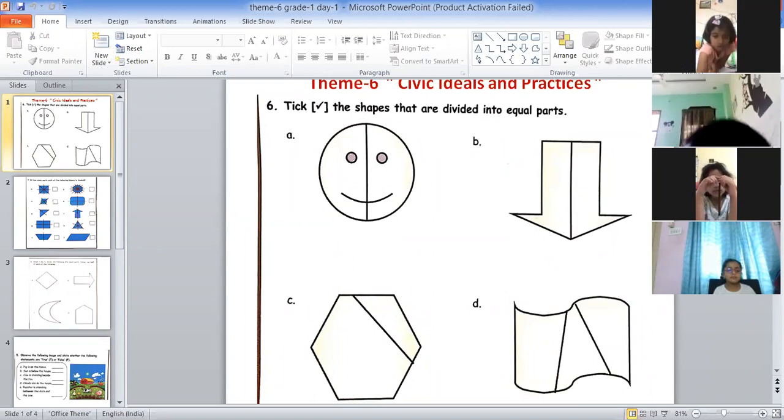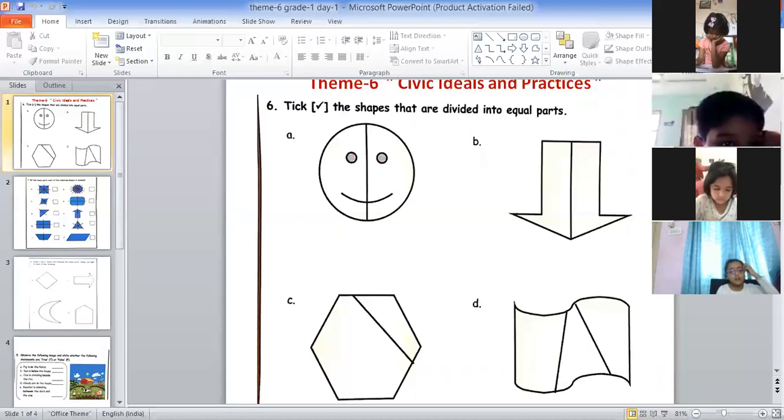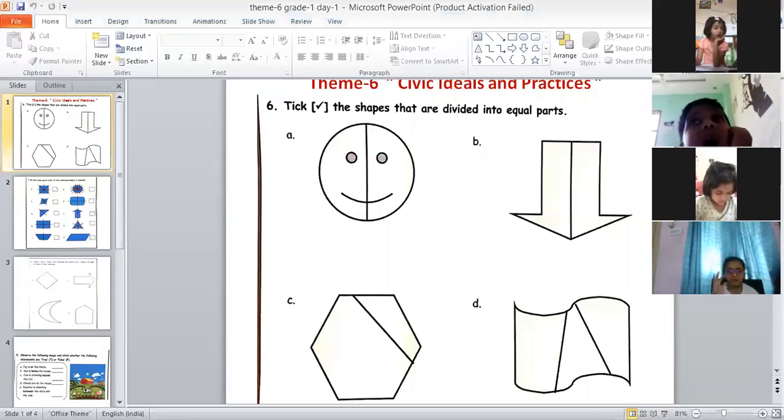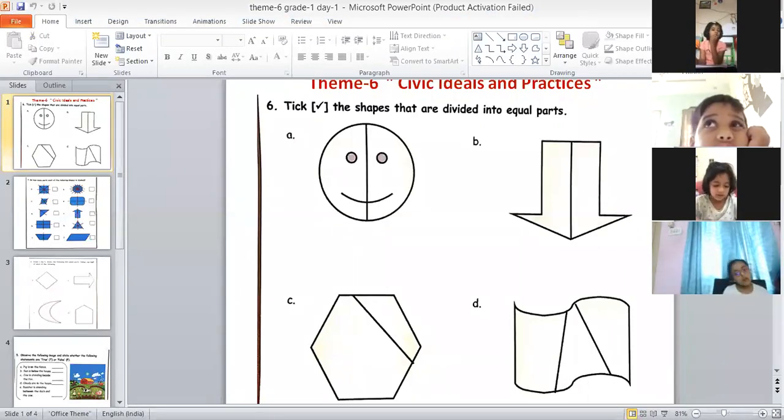Tick the shapes that are divided into equal parts. Now we have to put a tick on the shape that is divided into equal parts. Okay. Give me one second.